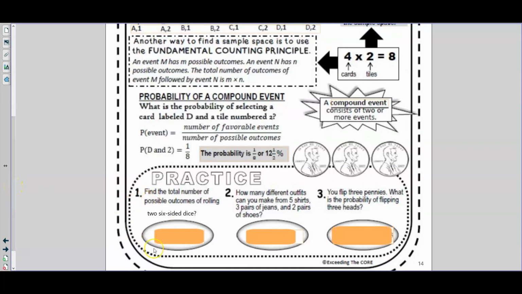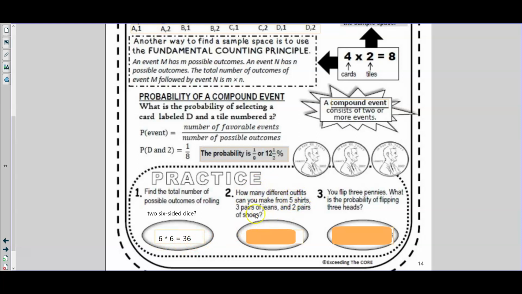All right, number 1, if you did it, rolling a die, you're going to have 6 sides on the first roll and 6 sides on the second roll. So the total number of outcomes for two dice is going to be 36 outcomes. You can see we just multiplied the 2 outcomes together to get that 36.